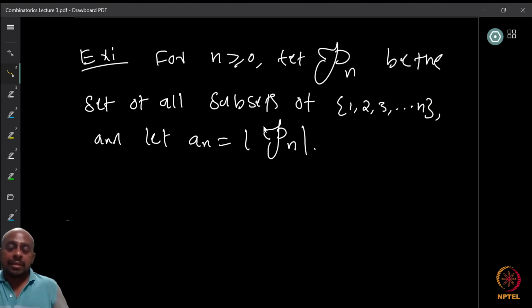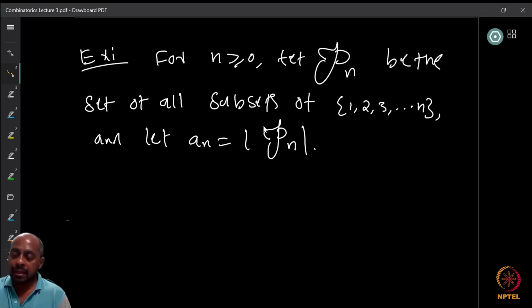So let us look at an example. For n greater than or equal to 0, let's define P_n to be the set of all subsets of the set {1, ..., n}, and let us define a_n to be the cardinality of P_n. This is something most familiar to you.